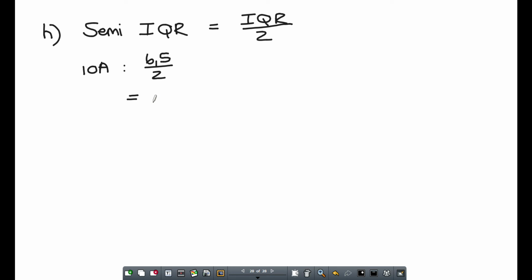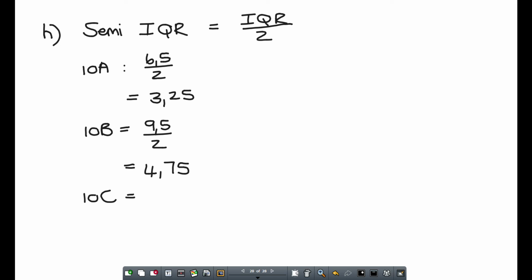Met ander woorde, hy gaan wees 3,25. Okay, by B het ons gehad 9,5. We divide that by 2, so that's going to give you 4,75. And at 10C, we had 8,5. As ek dit gedeel deur 2, dan gaan jy kry 4,25. Okay. Enige vrae?